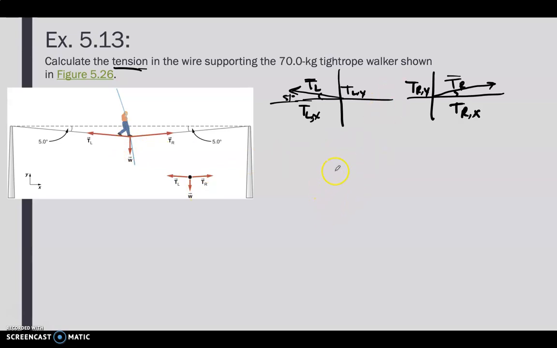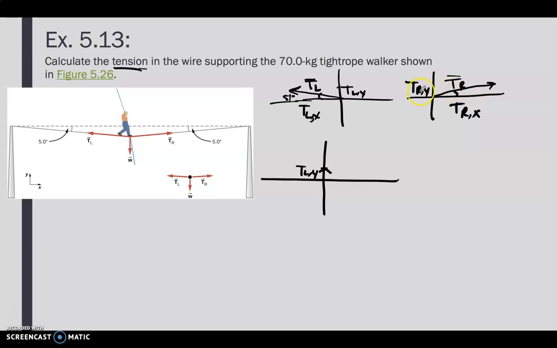So if we want to try to draw all of this in one diagram, I'm going to make it a little bigger. This is how we would represent it. So we have T_L,y, I'll start with that one, and it's going to be at this little height. So I'm going to mark it right about here. That's going to be an arrow, and that's going to be T_L,y.